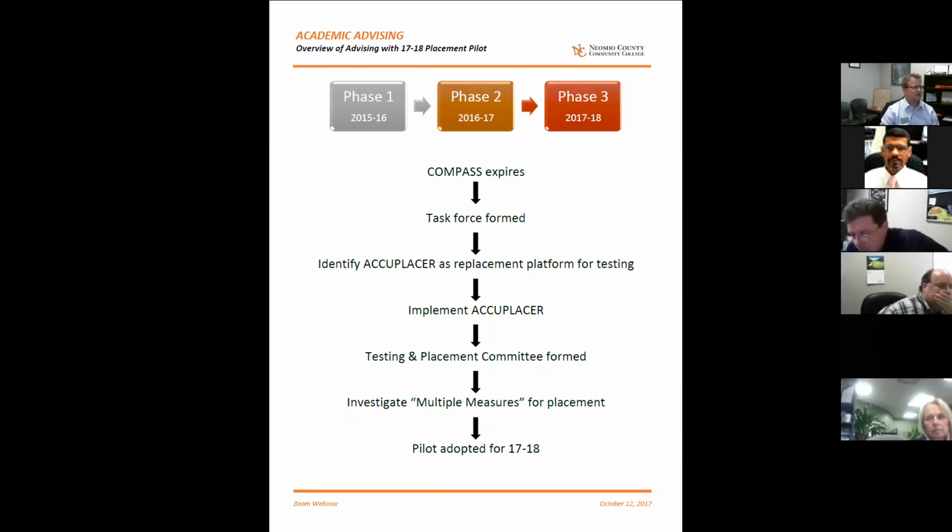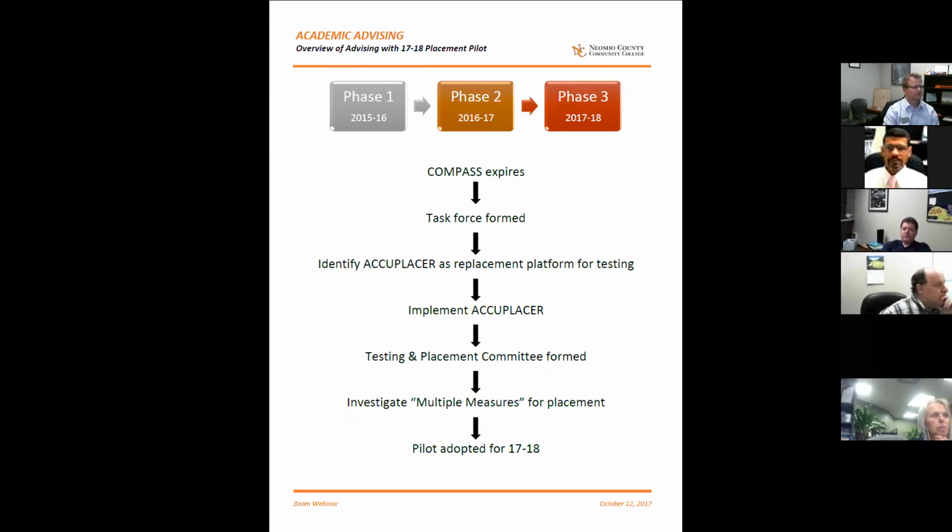So that first year we identified a task force to first and foremost replace Compass, so identify a replacement platform for testing and then implement that in time for the next enrollment period. So we did that in the first year. We identified AccuPlacer and implemented that in time for the upcoming fall enrollment.